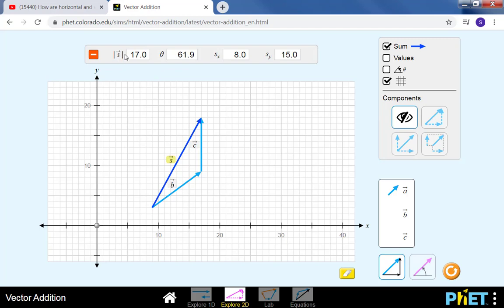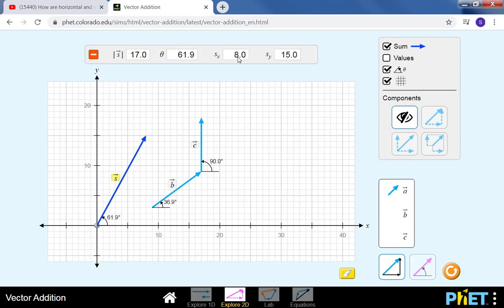The S in absolute value signs, that tells you the magnitude, the length of the vector S. Theta tells you the angle that is made by the vector S relative to the positive x-axis. So if I grab this guy and put him there, angle 61.9, just agreeing with what's above.